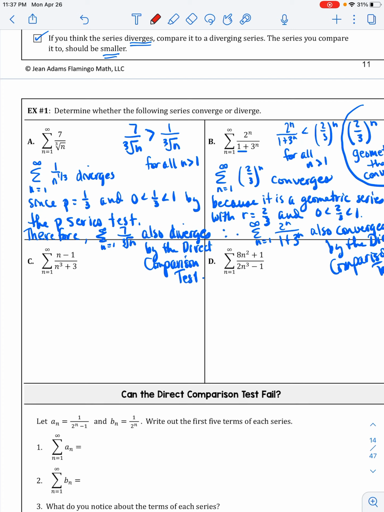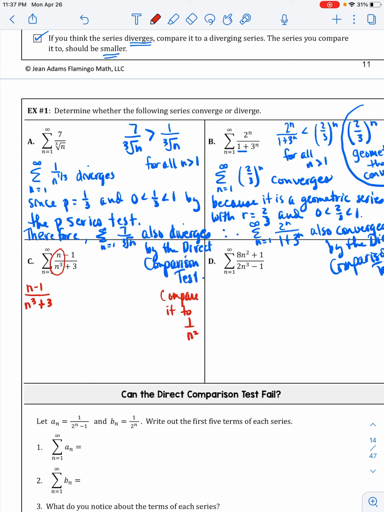Okay, let's look at C. I'm going to change colors. Summation from n equals 1 to infinity of n minus 1 over n cubed plus 3. I would look at taking that and reducing it to 1 over n squared. And I would like to compare it to 1 over n squared.